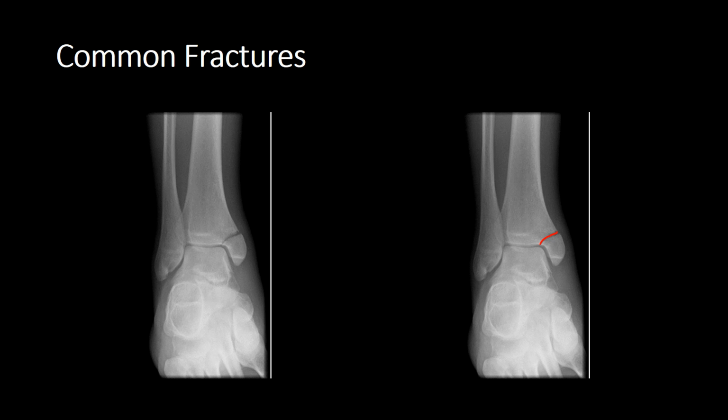So this is a really interesting case. We have an undisplaced fracture of the medial malleolus and crucially it's at the level of the tibial plafond.